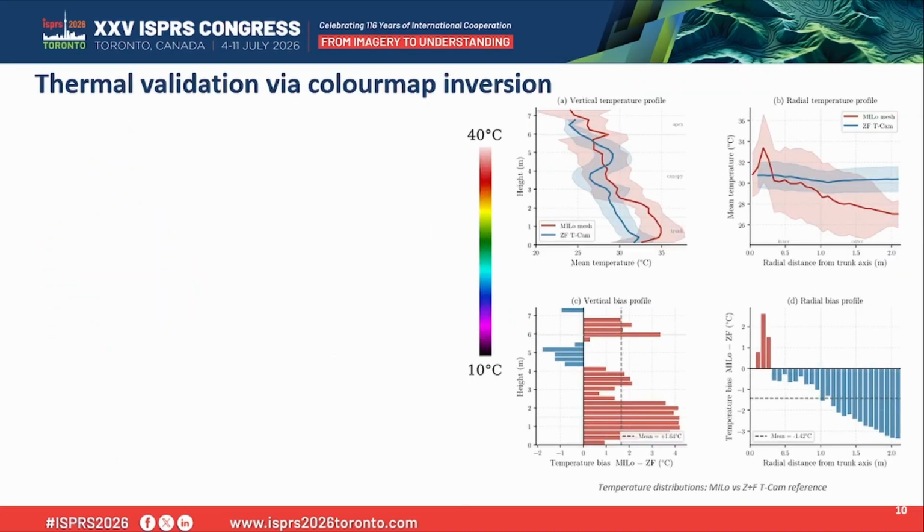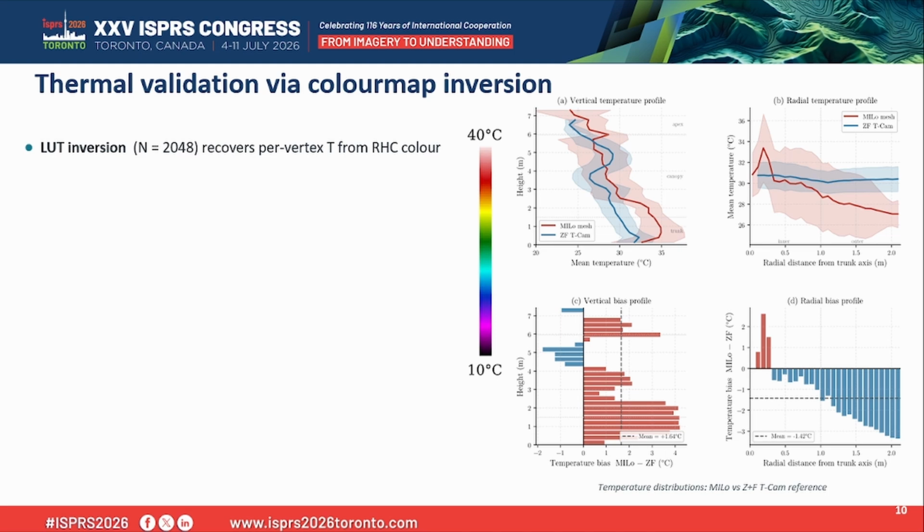Now we move to the thermal validation via color map. So we have to take the RGB mesh information from the false color on the thermal mesh built on MILo, that we decided to use to compare this validation, and to extract from the RGB back the information of the Celsius degrees. How did we do it?